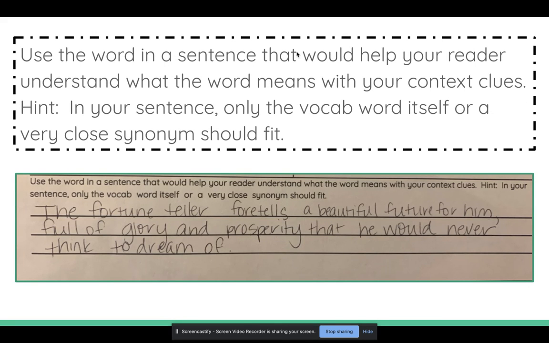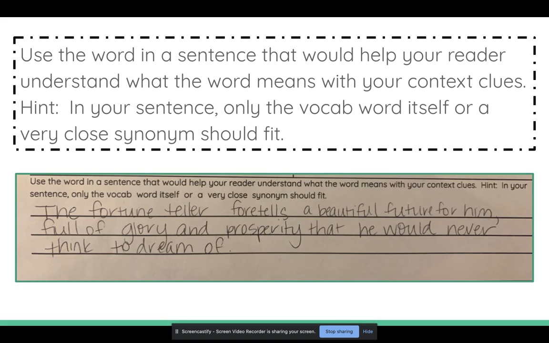So then the last step is probably going to be the most complex or the most critical-thinking engaging. I want you to write the word in a sentence that would help your reader understand what the word means with the context clues you create.